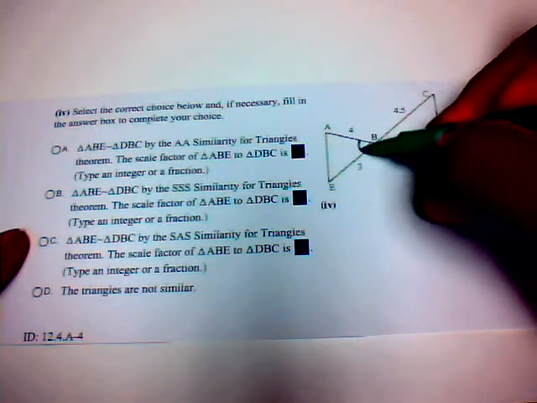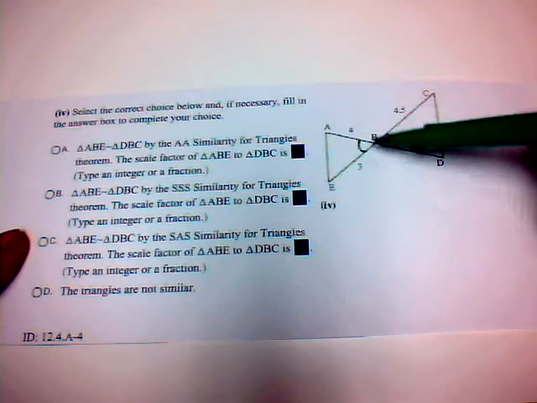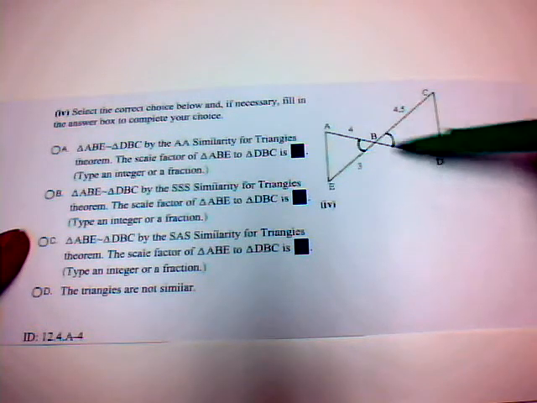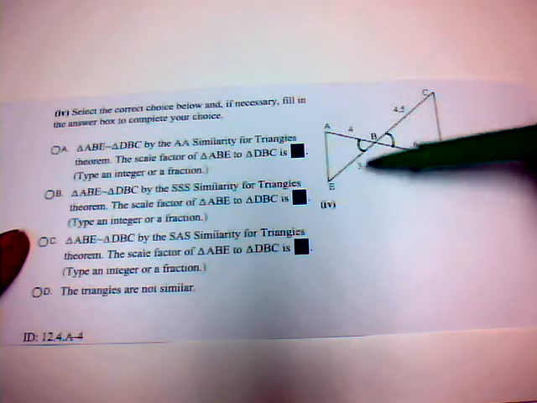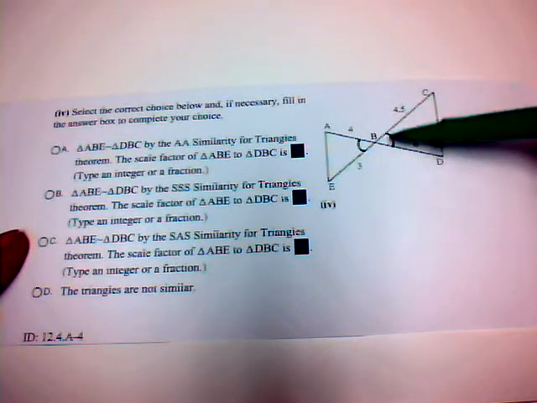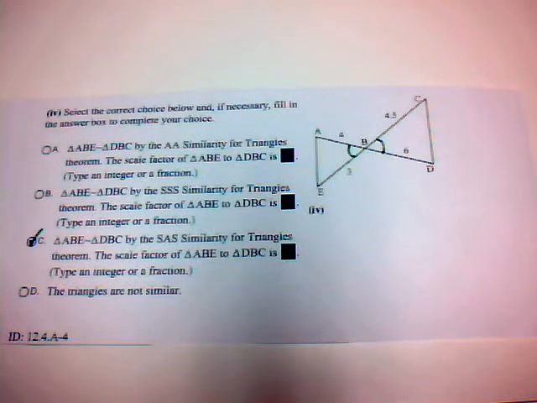And for the reason that vertical angles are congruent, I can say that angle ABE is congruent to angle CBD. So here we have a side-angle-side similarity, and we're going to choose this answer choice: triangle ABE is similar to triangle DBC by the side-angle-side similarity.